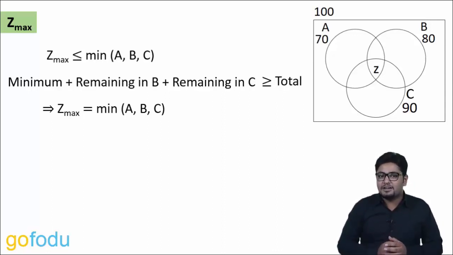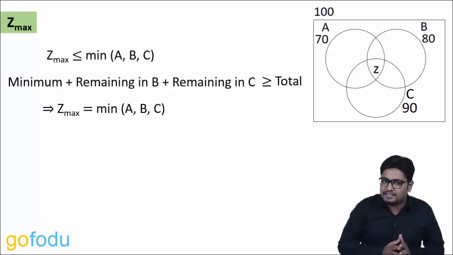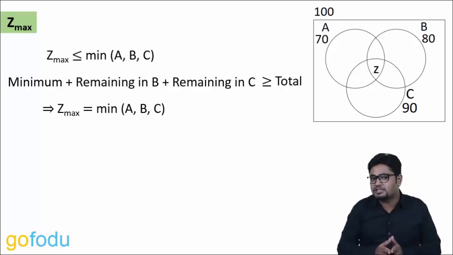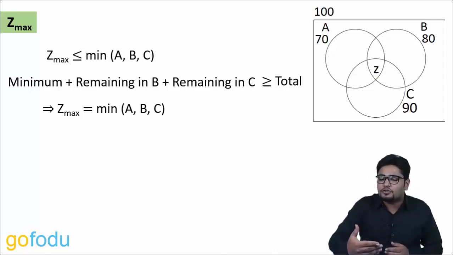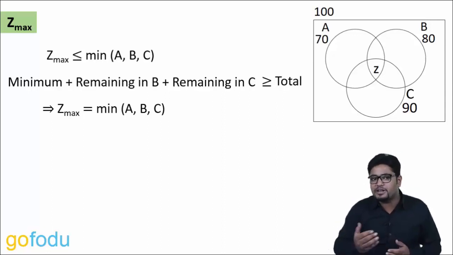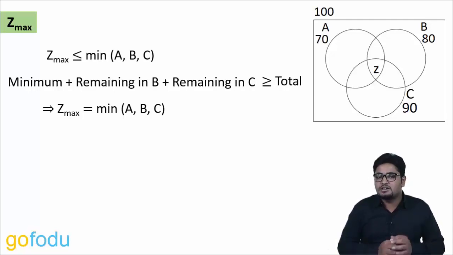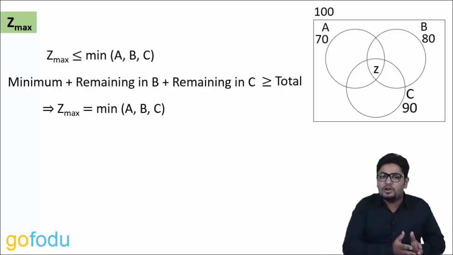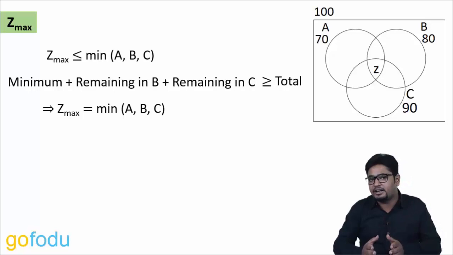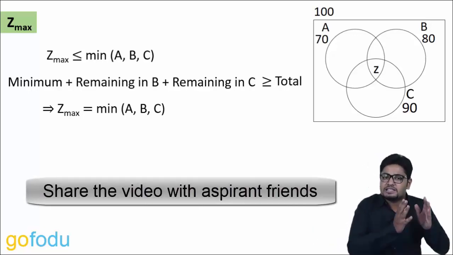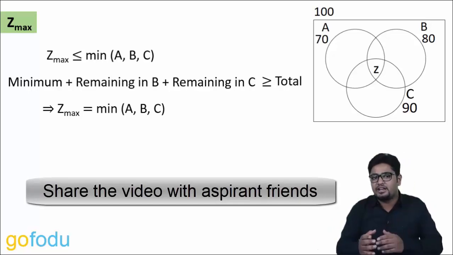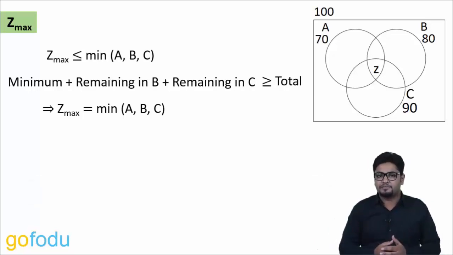In this case, the minimum of all the three sets is set A, whose value is 70. Now, we have to take the difference of the respective values from this minimum value. That is, for B, the remaining value will be 80 minus 70, which is 10. And for C, the remaining value is 90 minus 70, which gives us 20.